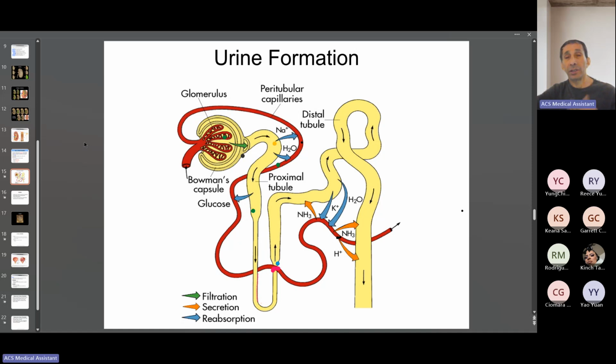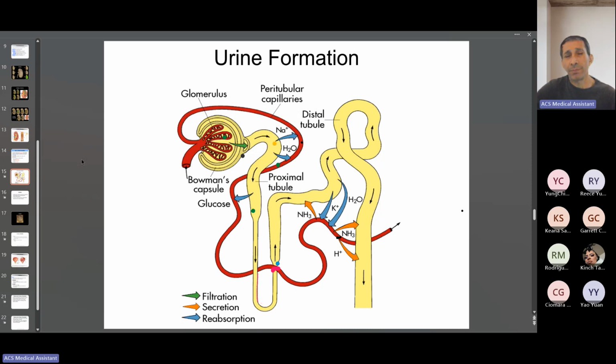So filtration happens within the glomerulus, reabsorption within the tubules, the proximal and the distal, and secretion within the last section of these tubules, called the collecting tubules. So that's basically what it is. Any questions about this urine formation?